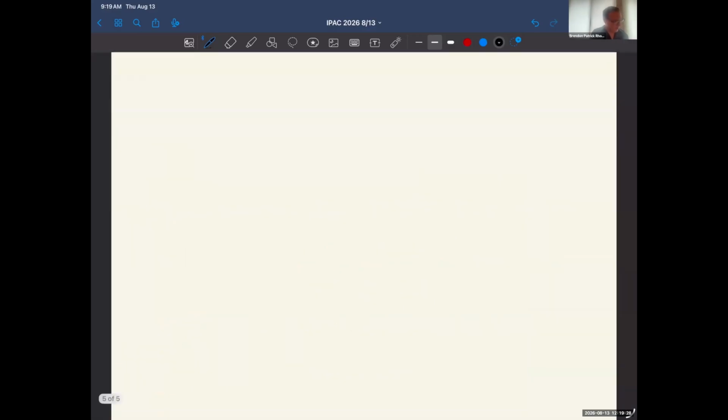So we're going to be looking at subarrangements of the extended braid arrangement. And here's our first really non-trivial fact.